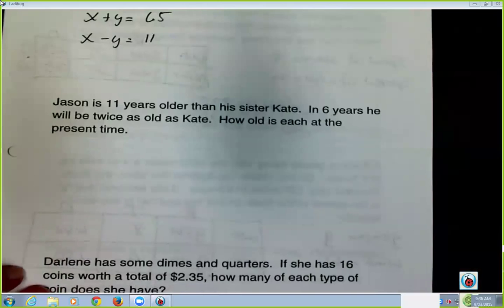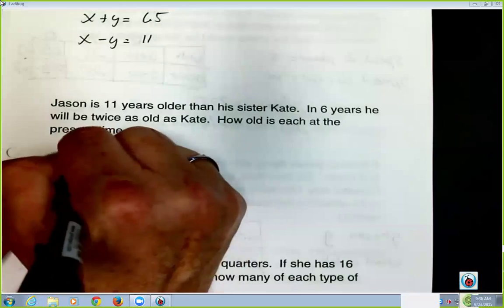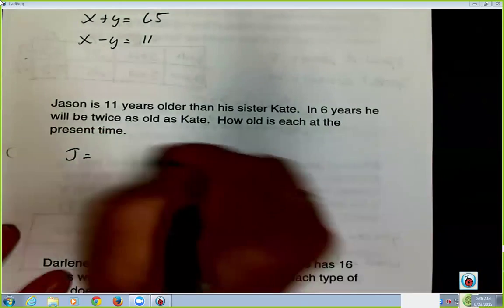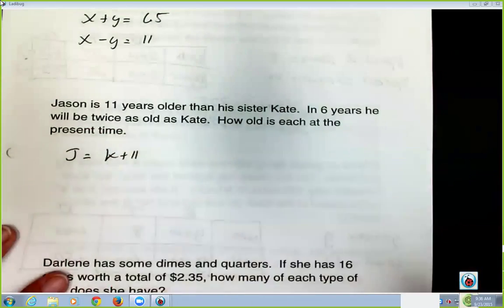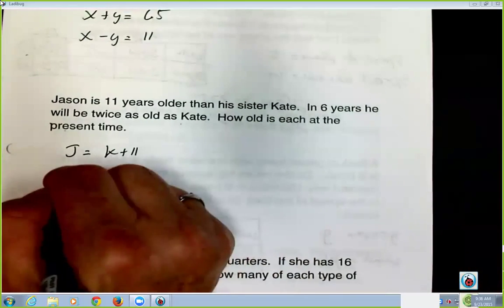Another one with age. Jason is 11 years older than his sister Kate. So Jason equals Kate plus 11. In 6 years, he will be twice as old as Kate.